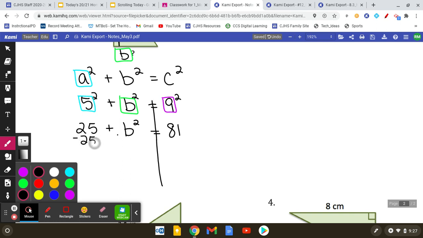Perfect, you guys, subtract 25 on both sides. Those are going to cancel out. I'm going to be left with B squared equals 56. Good.